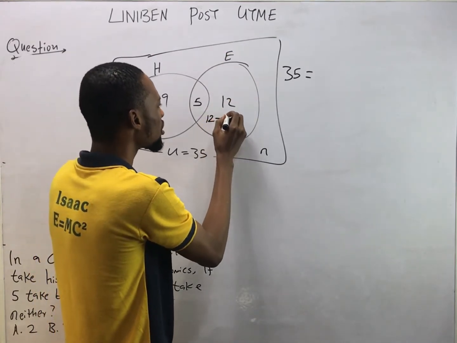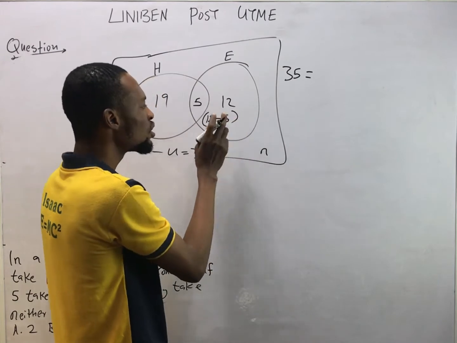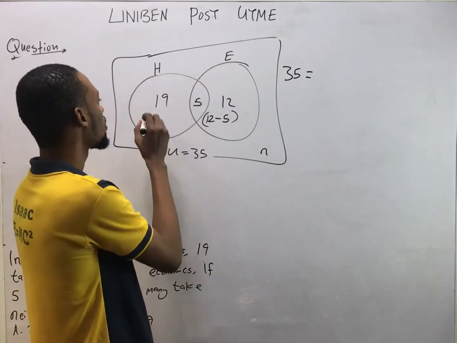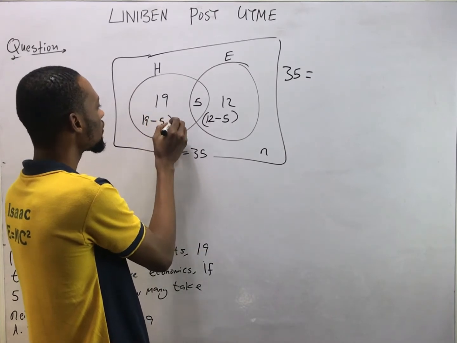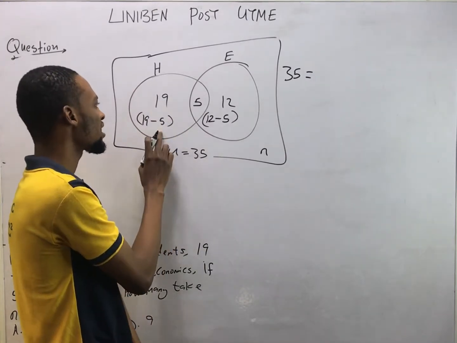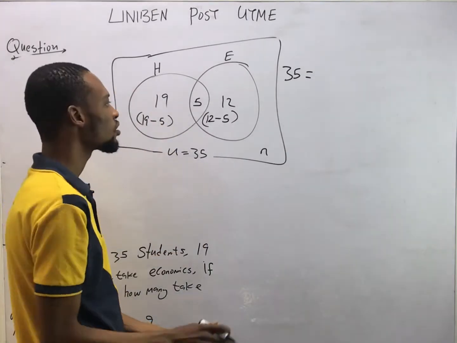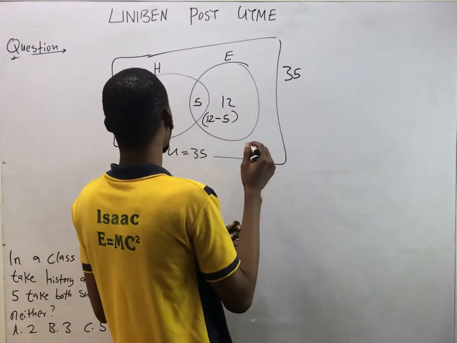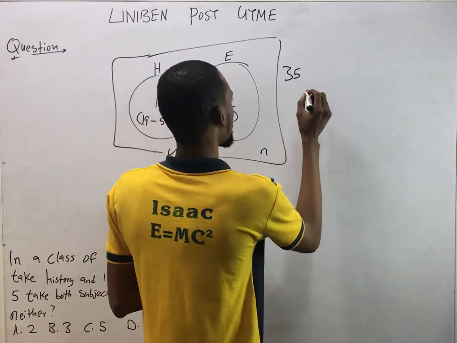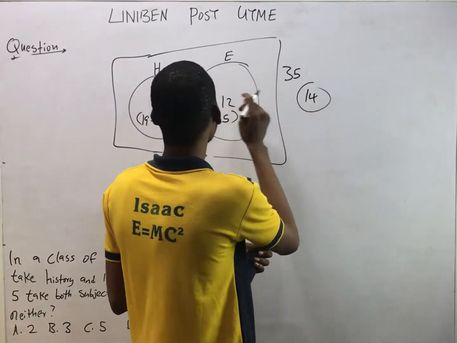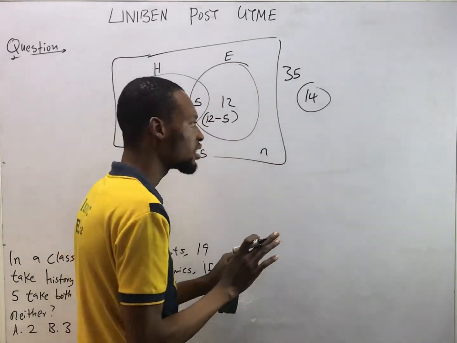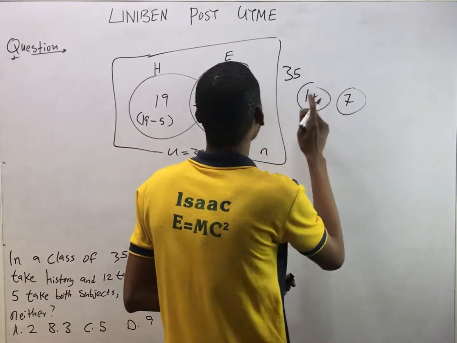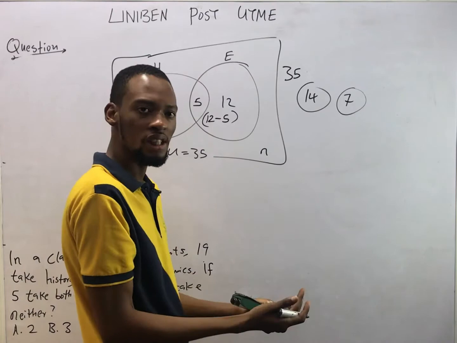So 12 minus 5 is the number of those who take economics only. 19 minus 5 is the number of those who take history only. 19 minus 5 is 14, so those take history only. 12 minus 5 is 7, those who take economics only.